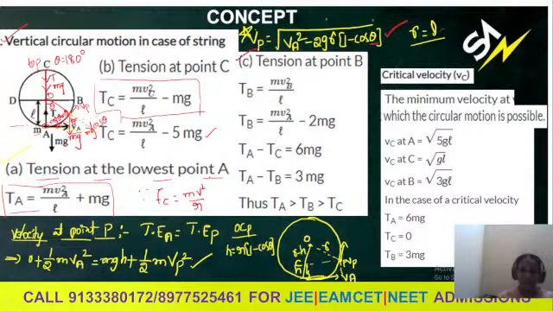Next, tension at point B, from the reference line to the horizontal position. So now it makes an angle of 90 here. From the reference to point B, the angle will be 90. So you put 90 here, cos 90 is 0. So velocity at point B will be equal to VA square minus 2GR. But we need the tension. At this point, tension and weight are perpendicular to each other.